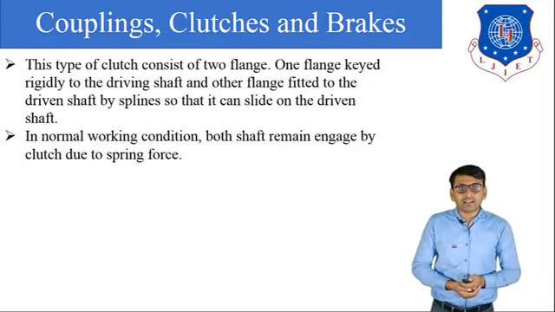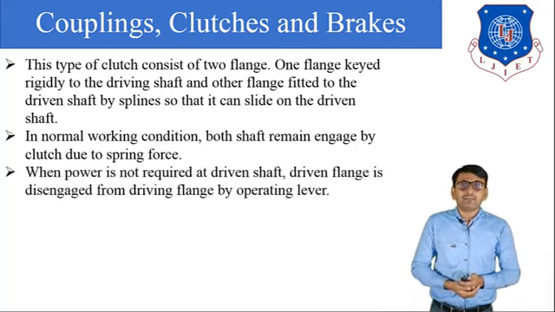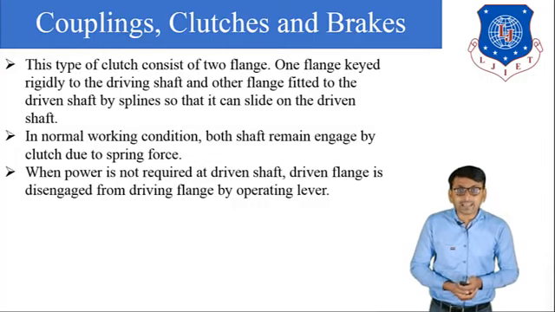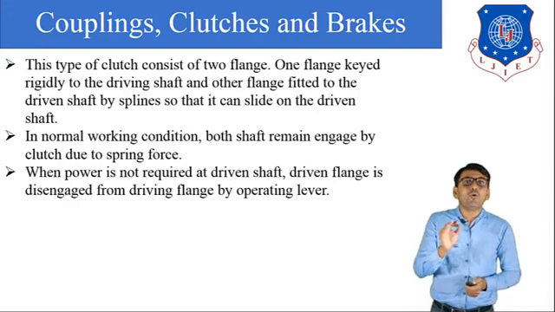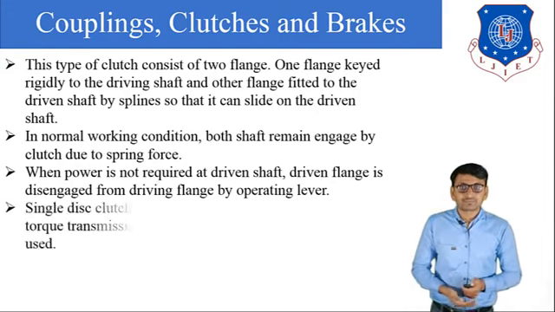Then in normal working condition, both shafts remain engaged by the clutch due to spring action, and when power is not required at the driven shaft, then the driven flange is disengaged from the driving flange by the operating lever.